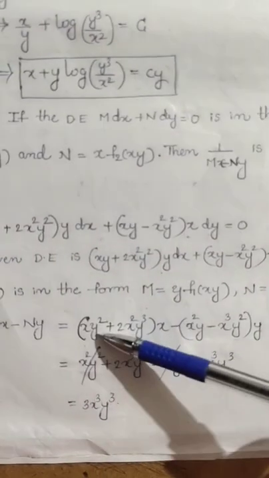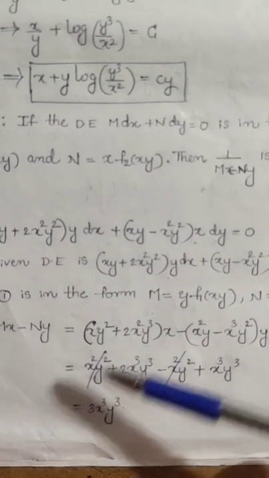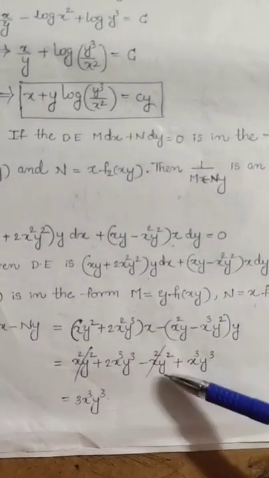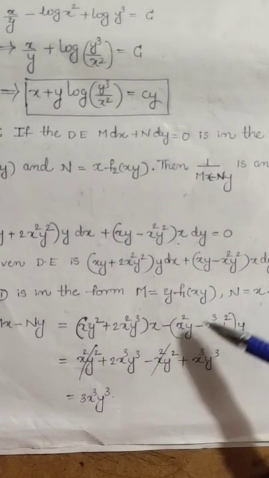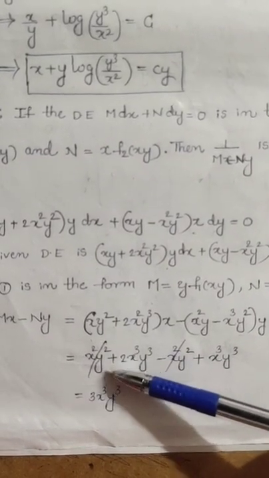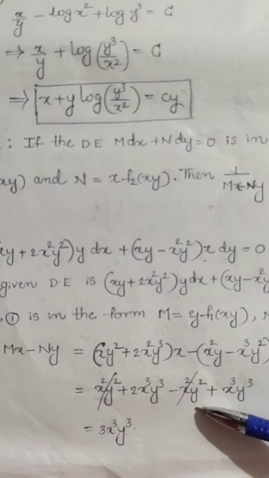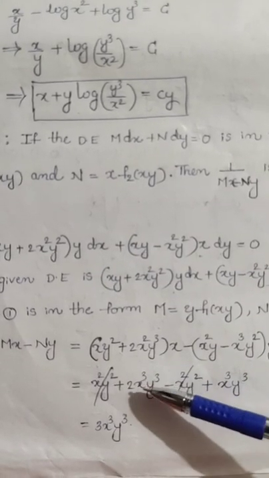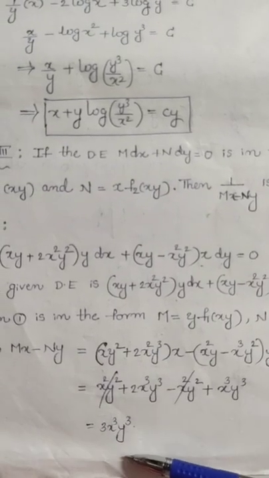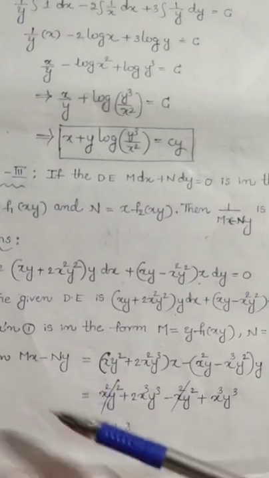That is x square y square plus 2x cube y cube, minus x square y square plus x cube y cube. Here x square y square minus x square y square get cancelled. So 2x cube y cube plus x cube y cube is 3x cube y cube. So this is the Mx minus Ny value.